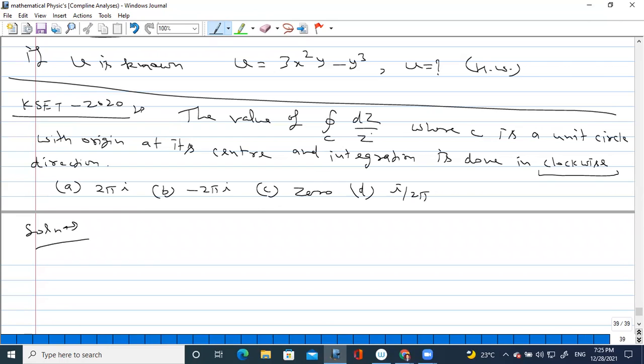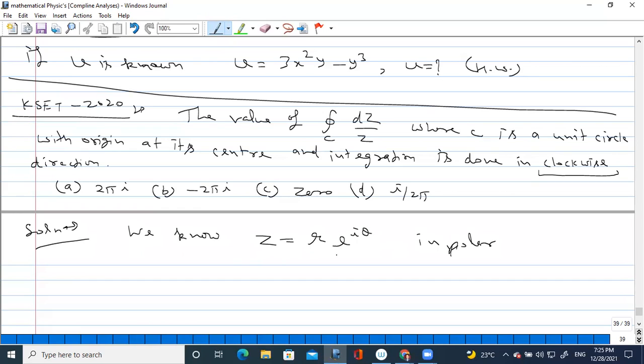So you should just have the complex knowledge. What is the meaning of z? What is the meaning of dz? We know z is r e to the power i theta in polar coordinates. So that formula we can apply directly. e to the power i theta means cos theta plus i sin theta. That formula we have done already.